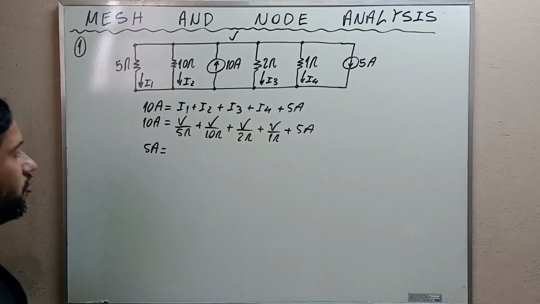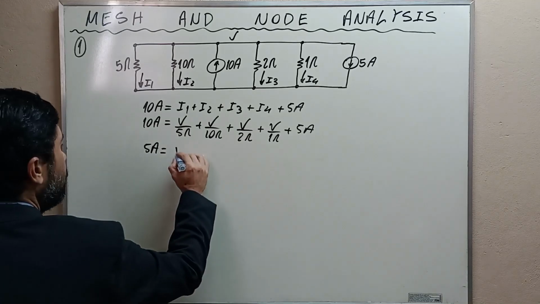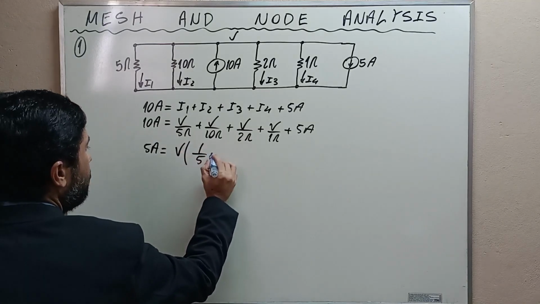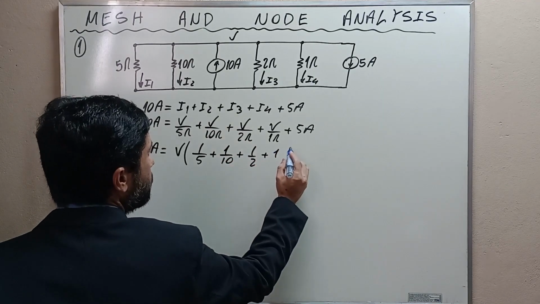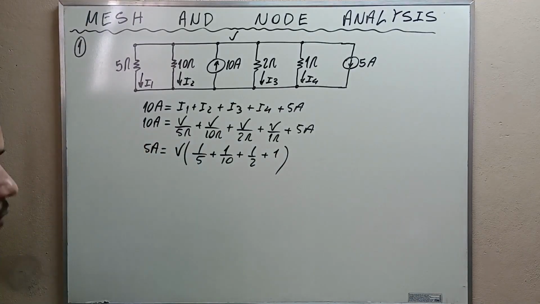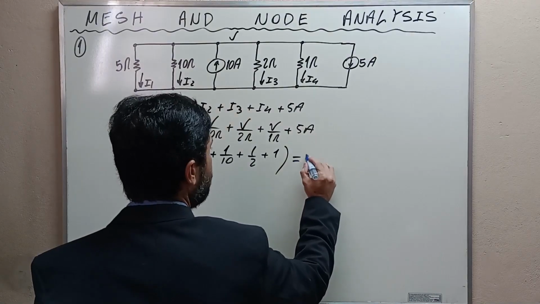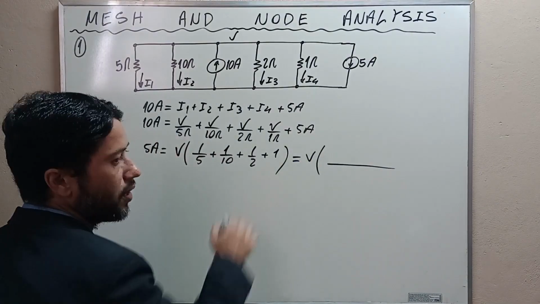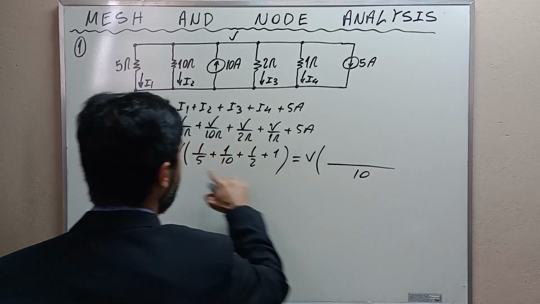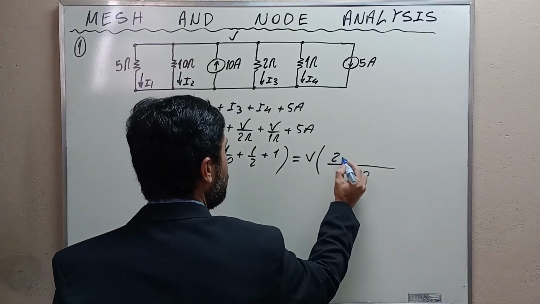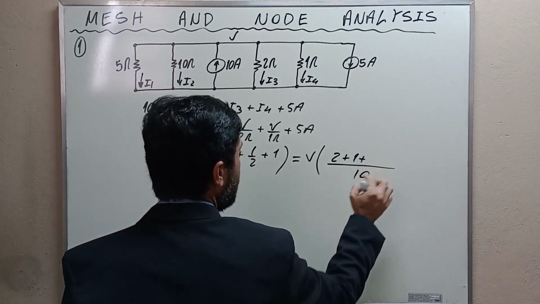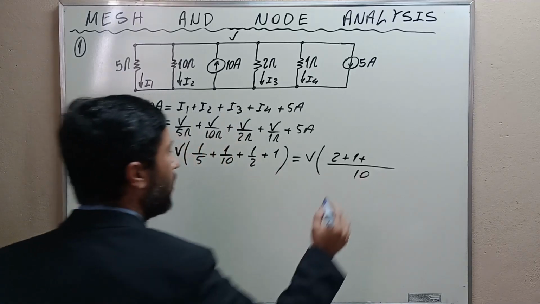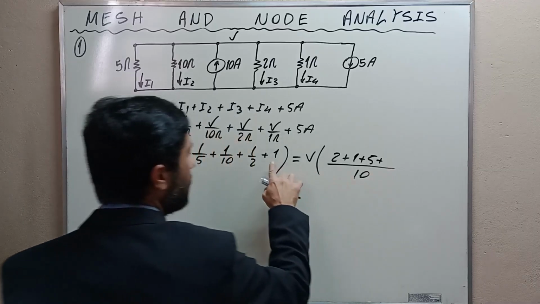And here to solve this part, we are going to use the lowest common denominator, alright? V times 1 over 5 plus 1 over 10 plus 1 over 2 plus 1. And if we solve, we find that it is V, the lowest common denominator here is 10. 10 divided by 5 is 2, plus 10 divided by 10 is 1, plus 10 divided by 2 is 5, plus 10 divided by 1 is 10.